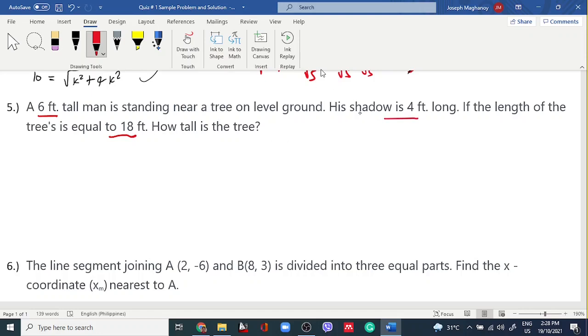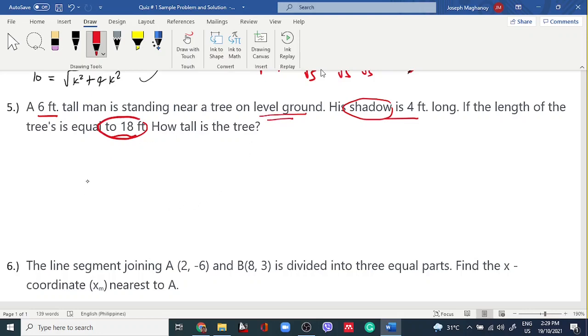Meaning, if you notice, if the length of the tree is equal to 18 feet, the problem specifies that 18 feet is not the length or the height of the tree. That is the length of the shadow of the tree, since the 6 feet tall man is standing near a tree. The keyword here is level ground.